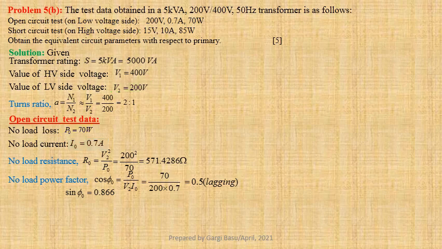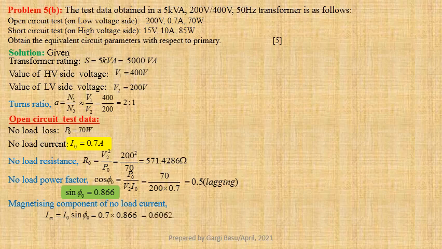Now we shall determine magnetizing component of no load current. Im equals I0 sin phi 0, that is equal to 0.7 into 0.866, that gives us 0.6062 ampere. Now we shall determine no load reactance.